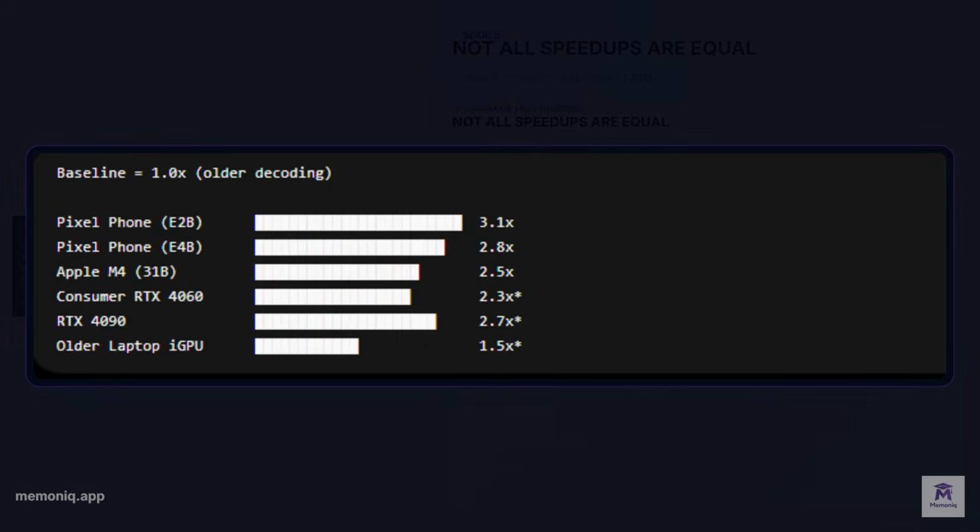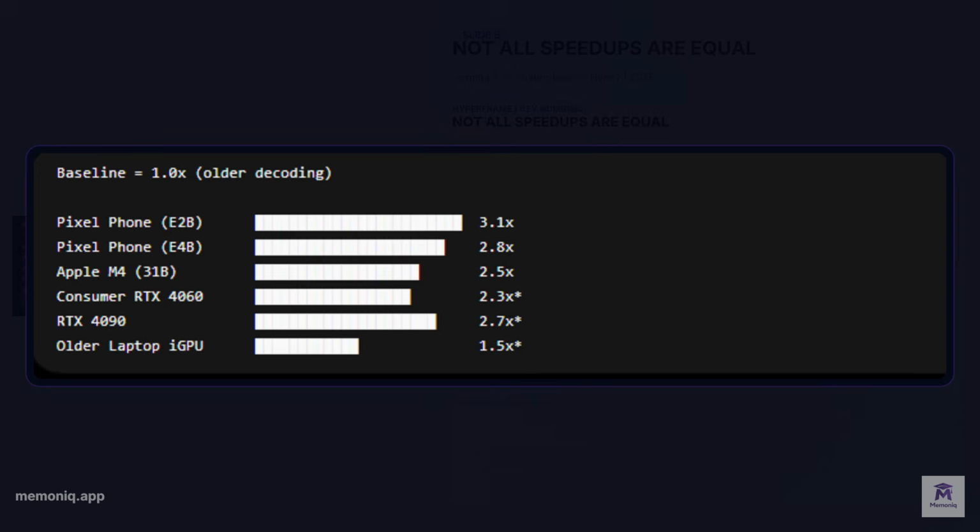First, the smaller models, E2B and E4B, see the highest multipliers on mobile devices. We're talking 3.1x and 2.8x on Pixel phones. That's huge because it makes on-device AI actually usable for real-time tasks: voice assistance, live translation, that kind of thing.